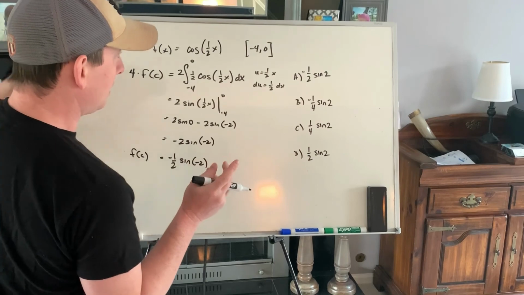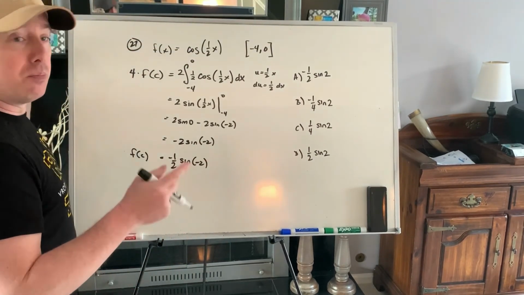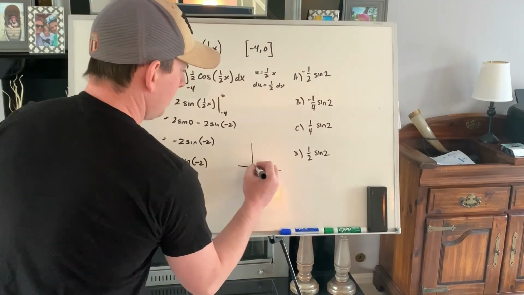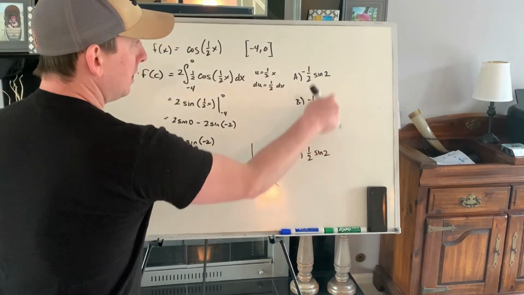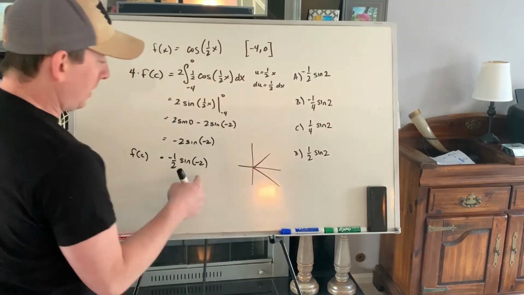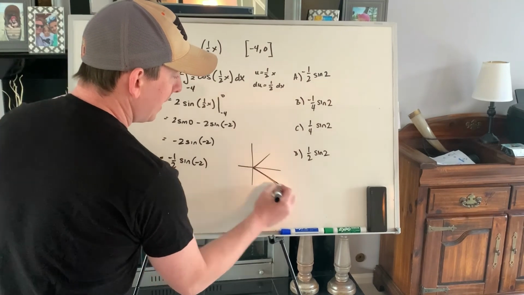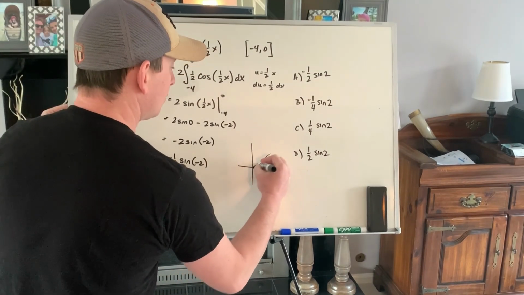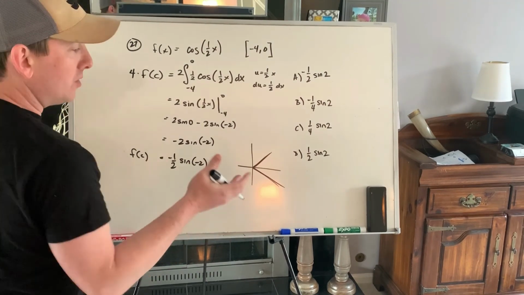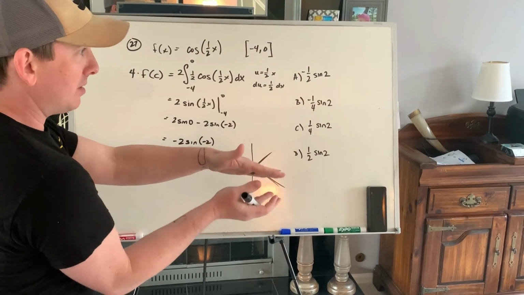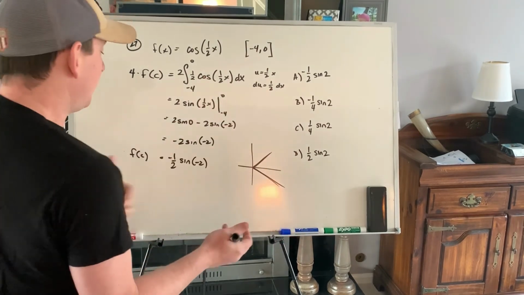So hopefully you just either guessed A or D. But here's the trick. If you picture two angles, like -2 and 2, clearly we want our angle to be 2 and not -2, since that's the only choice. Well, here's -2 radians and here's 2 radians. How are the sines of those angles related? They're just complete opposites. This has a positive sign and this has the exact same negative sign.